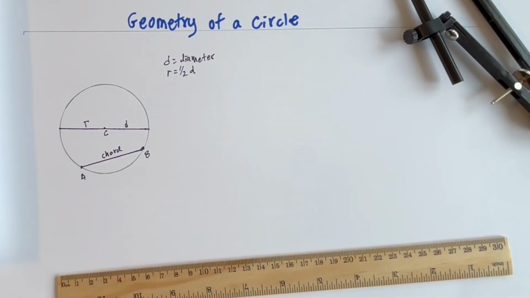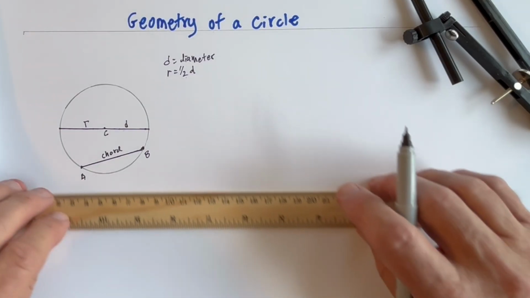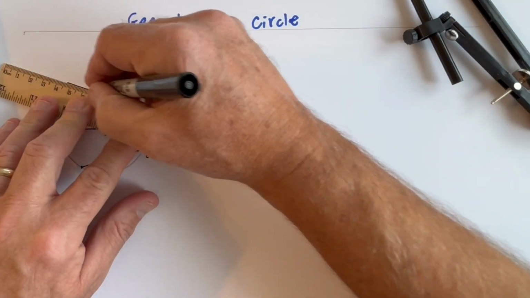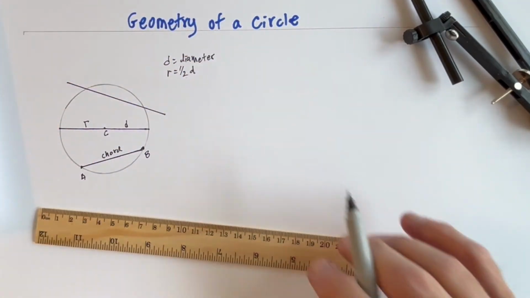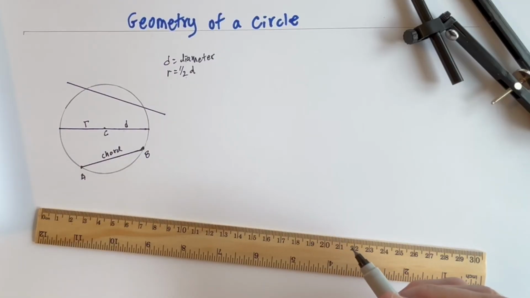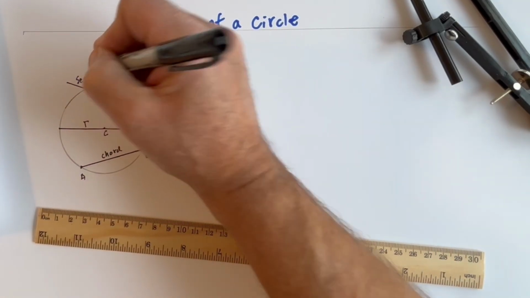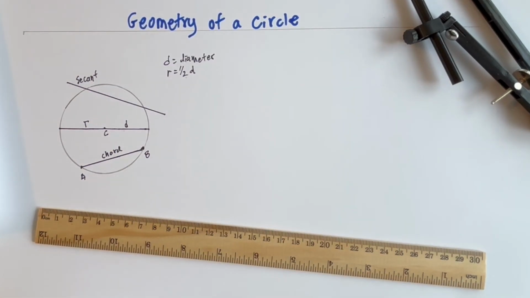It's a line segment. Now if we wanted to draw just a general line like this that intersects the circle in 2 points, that's what we call a secant line. So that's going to be S-E-C. That's a secant line. It intersects the circle in 2 places. It's just a line. It could be parallel or in any direction, really.